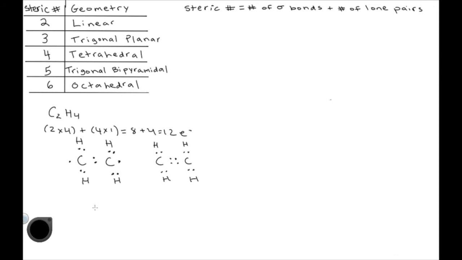Right, so let's draw it down here. We're going to take that double bond and then draw 2 bond lines, and then we're going to use bond lines for our carbon hydrogen bonds.